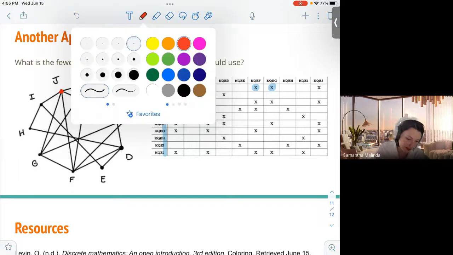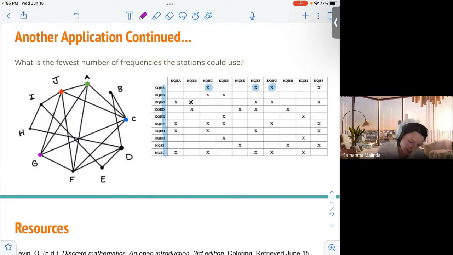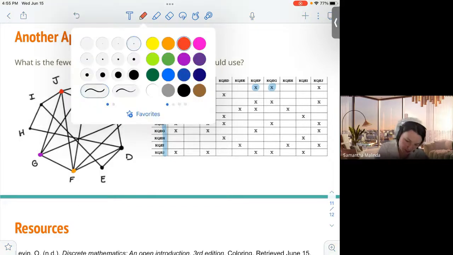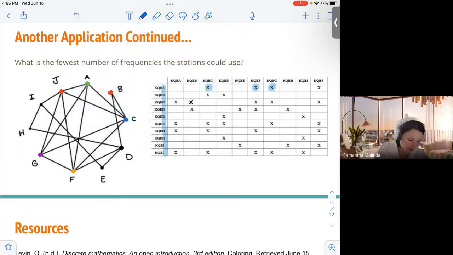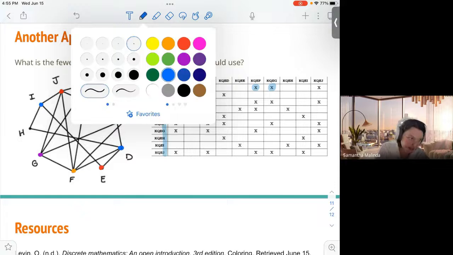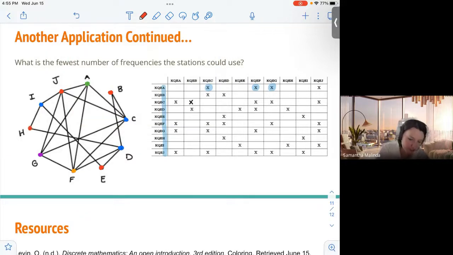This one's a little bit a heavier color, purple, orange. Ooh, this one could duplicate, which is good. This one also can duplicate. Same with this one. And there's a good amount of duplications, but unfortunately, this one is a higher chromatic number, which is okay.